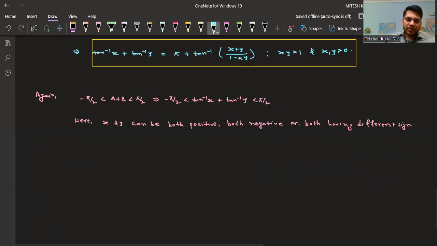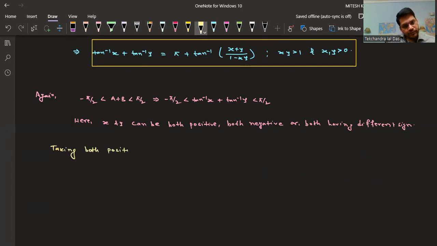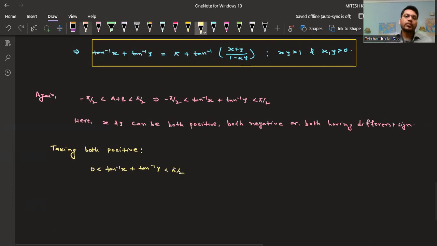Okay, now to prove this inequality, let's take first both positive. Clearly, tan inverse x plus tan inverse y will be greater than 0 and less than pi by 2, because we have taken both as positive.